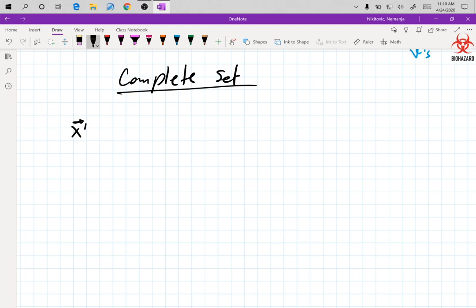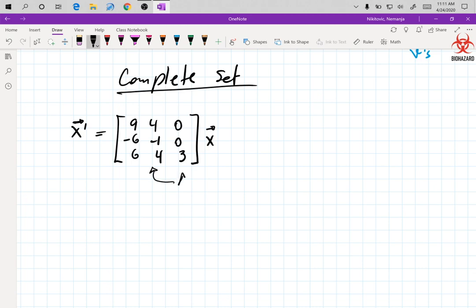We have our vector of derivatives equal to the matrix 9, 4, 0, negative 6, negative 1, 0, 6, 4, 3 times x, from where we know that this is our matrix A. Then to find our lambdas, we subtract lambda on the diagonals.